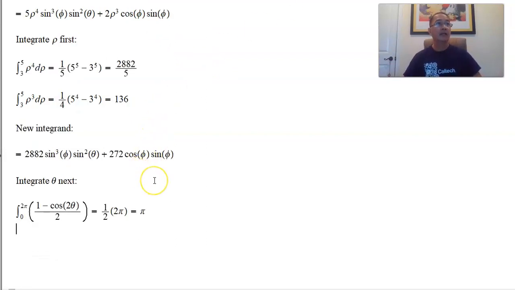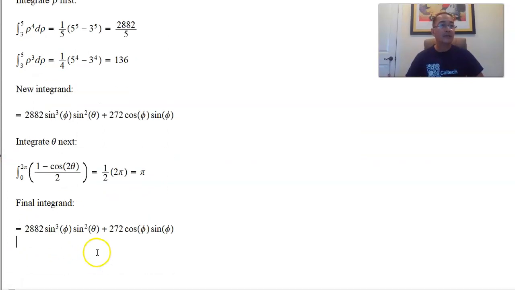So what we have now as our final integrand is going to be, sine squared theta becomes pi. So we can put pi in front over here. Now don't forget this also needs to be integrated. There's like an invisible 1 there.